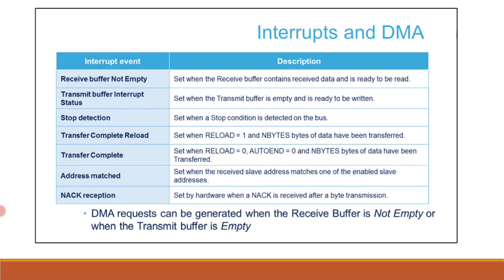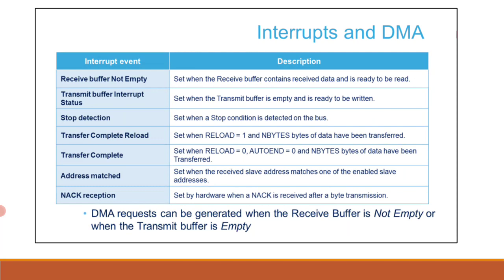The stop detection flag is set when a stop condition is detected on the bus. The transfer complete reload flag is set when the reload bit is set and N bytes of data have been transferred. The transfer complete flag is set when reload and auto end bits are cleared and N bytes of data have been transferred.